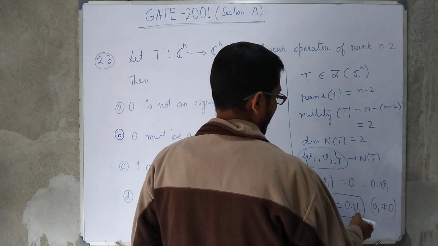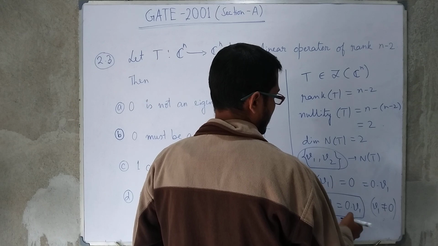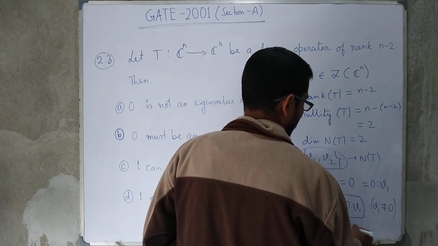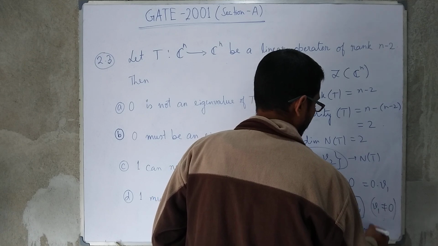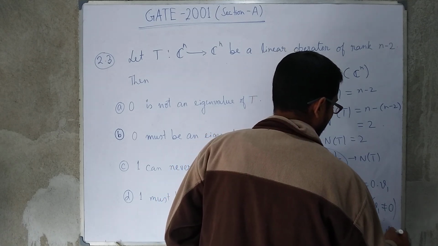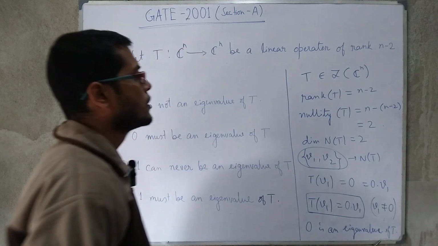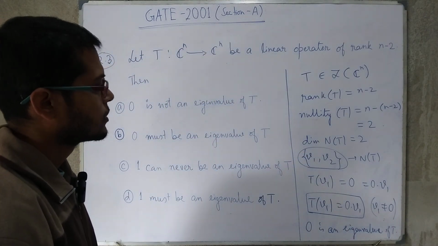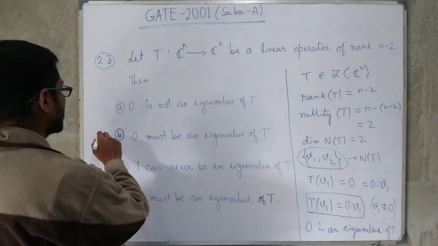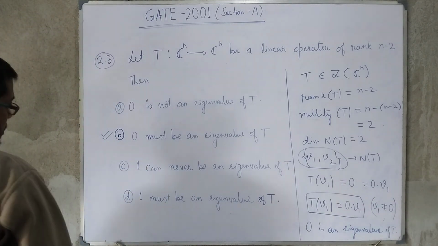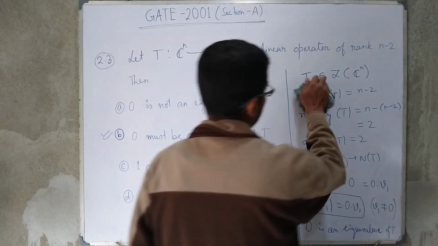If this equation is satisfied for a non-zero vector V1, then 0 is an eigenvalue of T. So 0 is always an eigenvalue of T. So 0 must be an eigenvalue of T. This is true.